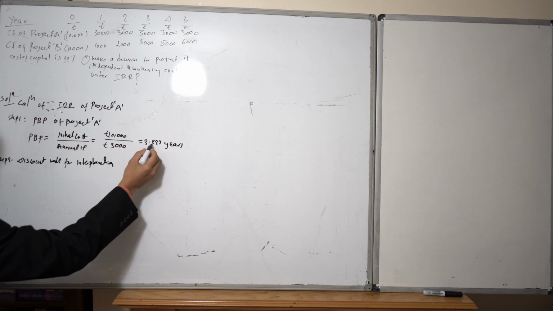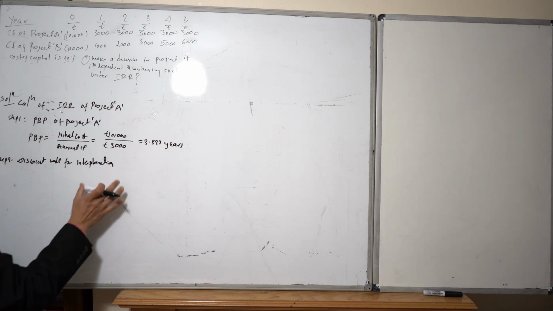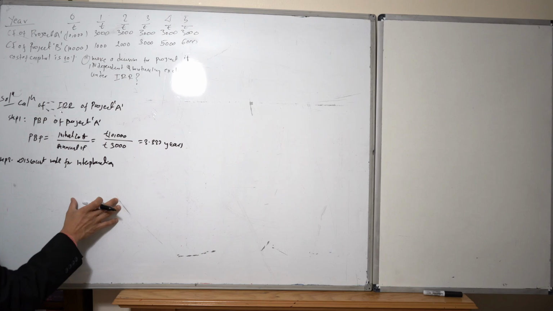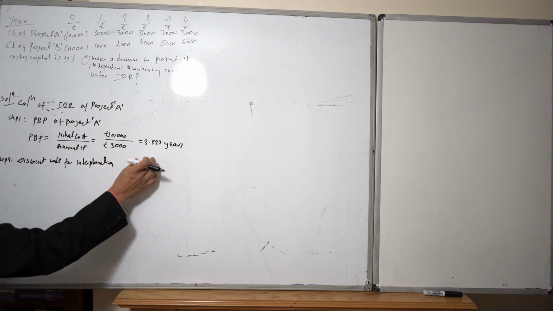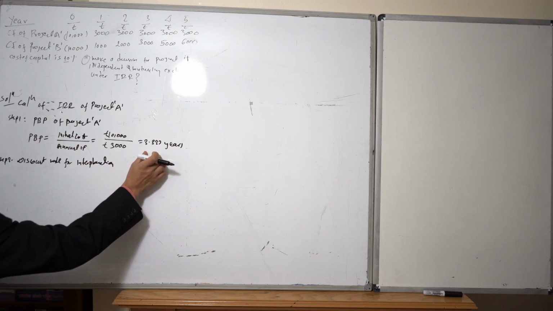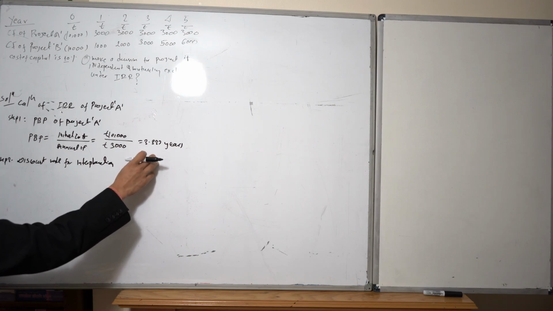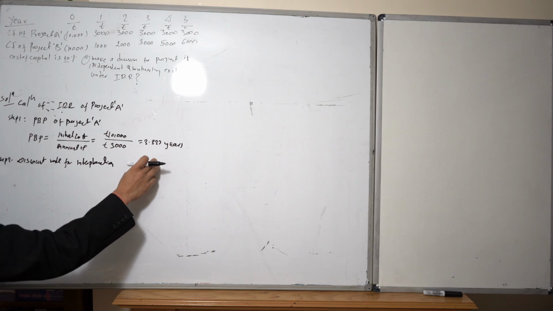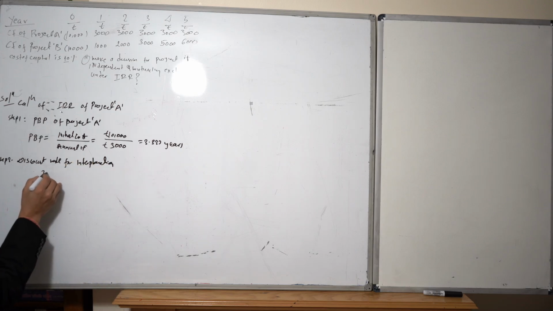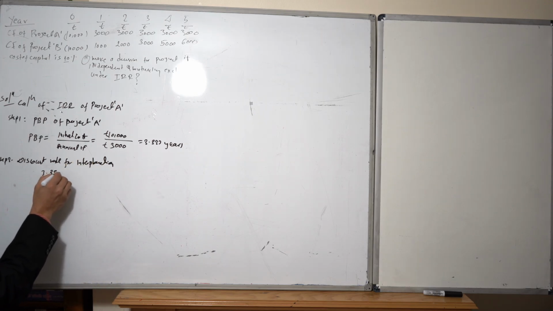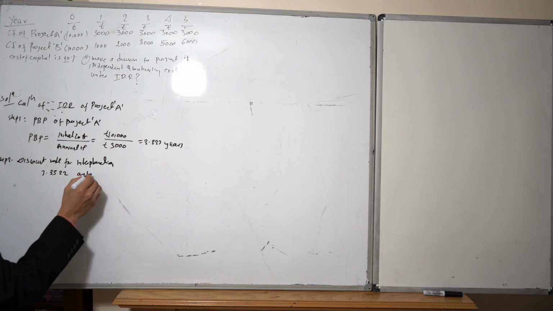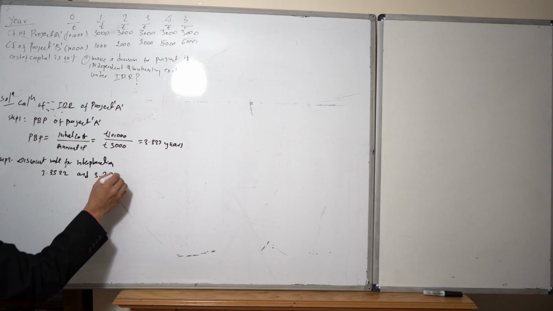For this 3.33 years, if you look in the present value factor annuity table across the 5-year period, so the number of periods is 5, this 3.333 lies between 3.3522 and 3.2743.